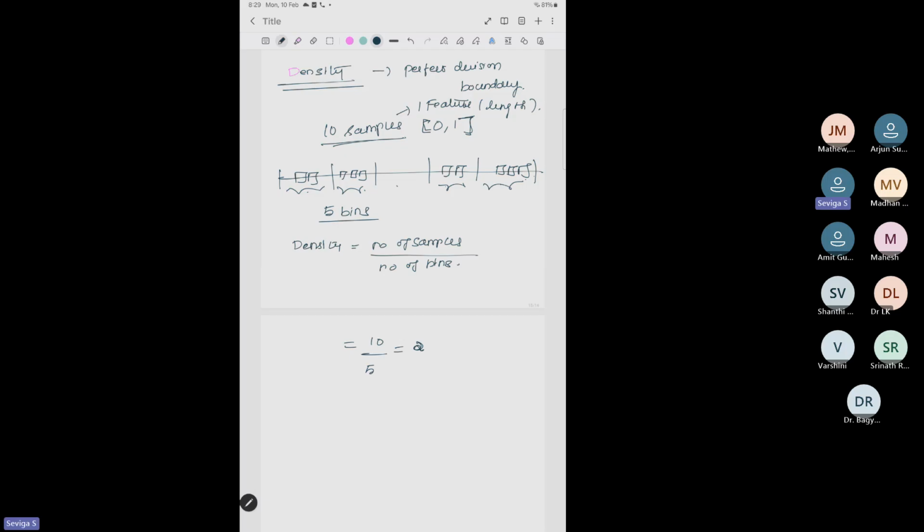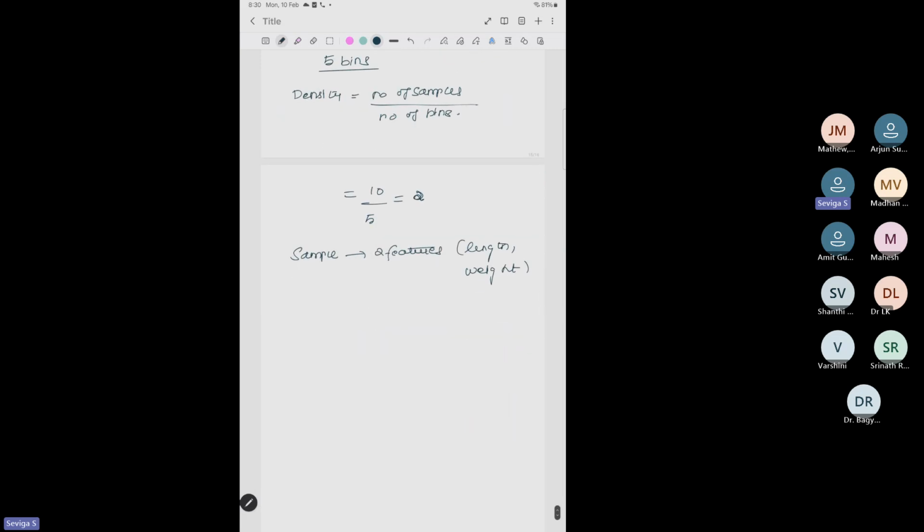Suppose imagine that our sample has two features, say length and weight. Earlier we had one feature, which we represented with a line segment. Now we have two features, so we have a two-dimensional figure for it.